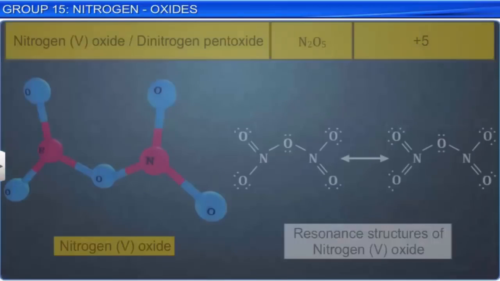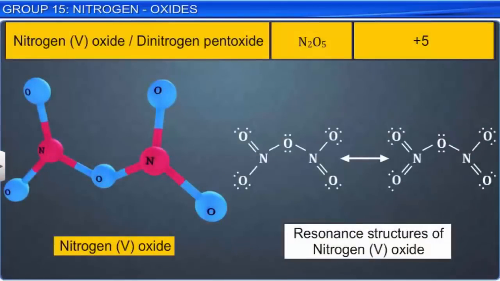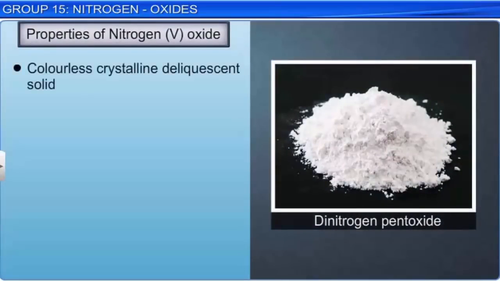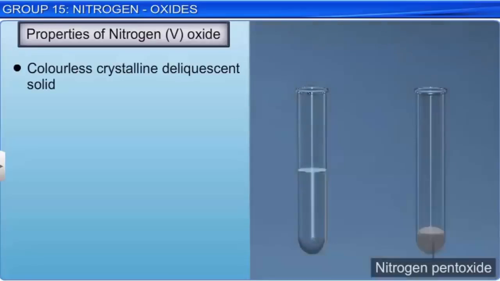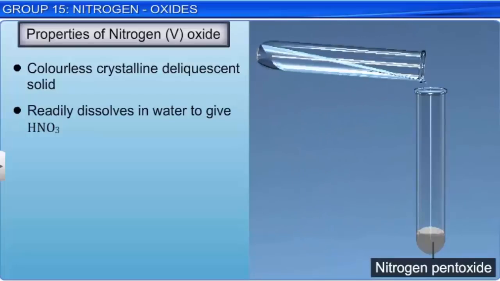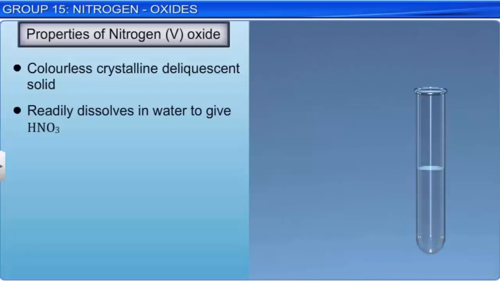Nitrogen 5 oxide is also called dinitrogen pentoxide. It is prepared by the dehydration of nitric acid with phosphorus pentoxide. It is a colorless crystalline deliquescent solid that readily dissolves in water to give nitric acid.